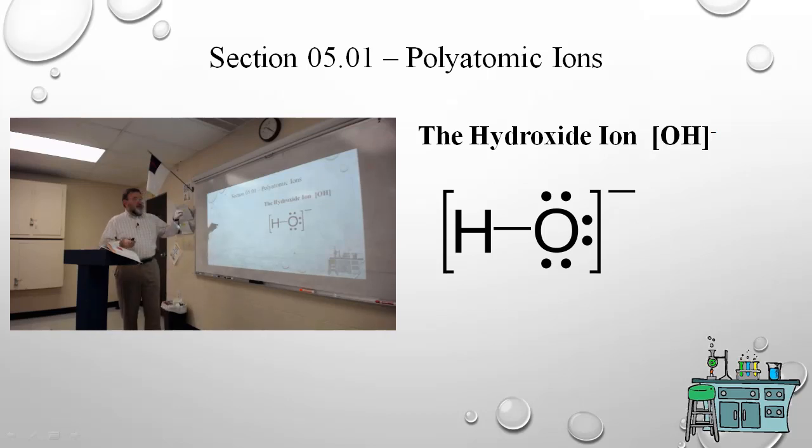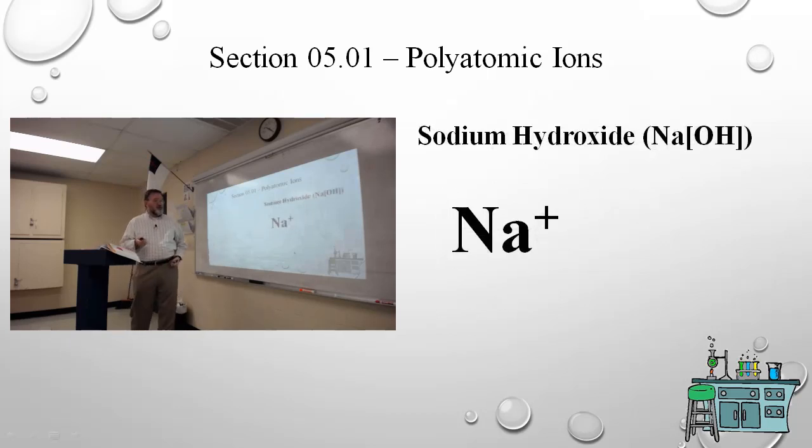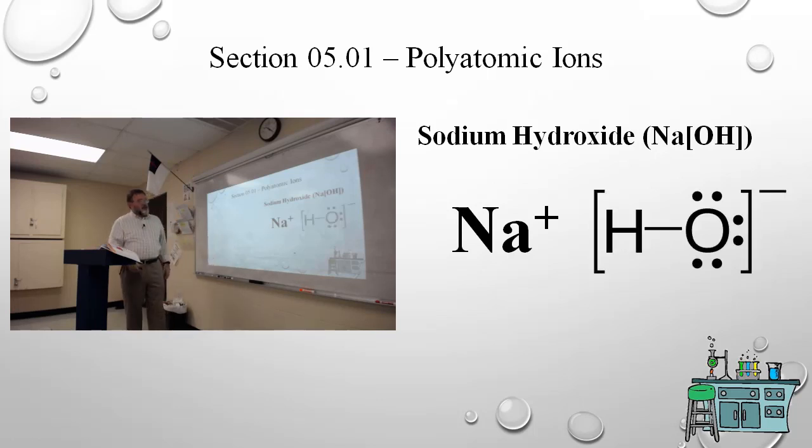Now, if I try to make a molecule with this, what kind of molecule is it going to form? An ionic molecule, right? Because it's a charged molecule. So we get to making sodium hydroxide. We're going to see a lot of sodium hydroxide. But we know now that sodium is a column 1A element. So when sodium ionizes, it becomes a +1 ion. And when I have a -1 hydroxide ion in proximity, what are they going to do?